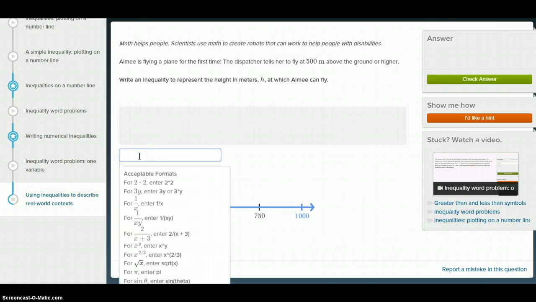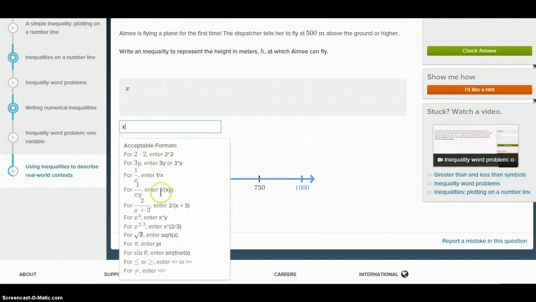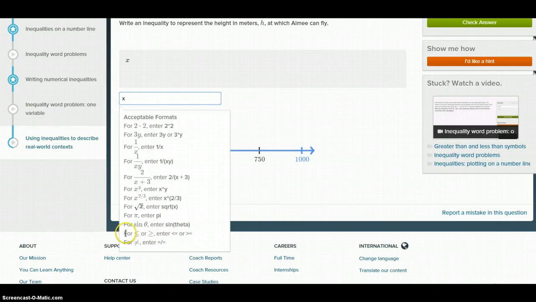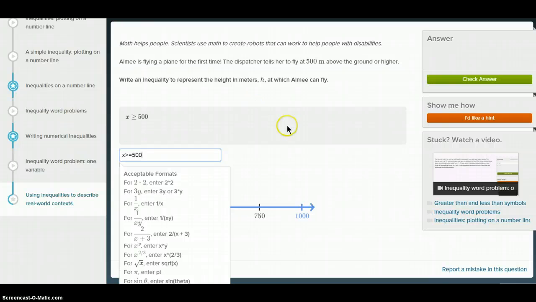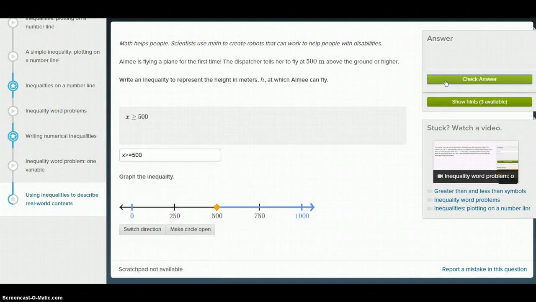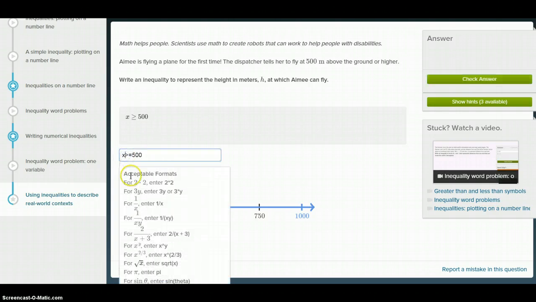So we can write x, and then we look down here for the format. For greater than or equal to, we use the greater than symbol or the equal symbol. So x is greater than or equal to 500. Okay, it seems like this needs to be an h, not an x. That's why you can't rush too quickly.